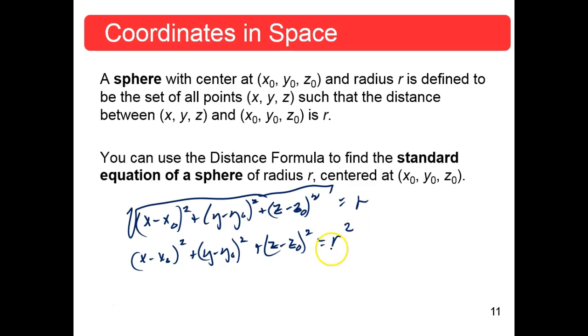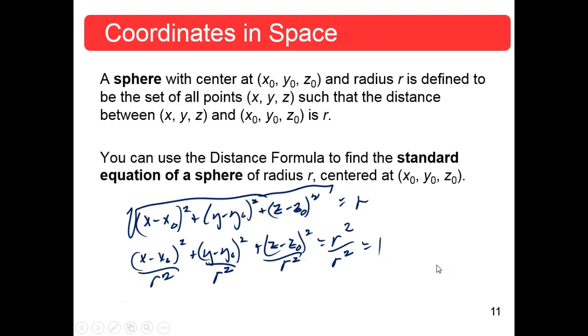Another way is divide everything by r squared. Okay? And that would then give you this is equal to 1. Okay? And that's another fairly common way to express the equation for a sphere. Now, I don't know which one they're calling standard. Let's see if they give it to us.